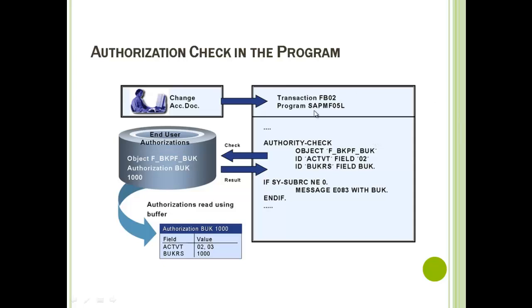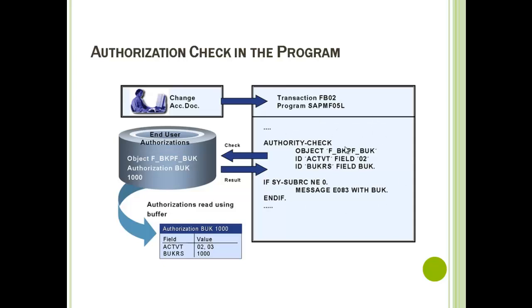For example, you are running the transaction code FB02. The program for this transaction code is SAPMF05L. So when you run FB02, it runs this program SAPMF05L. Inside this program, it will have a statement like this: AUTHORITY-CHECK OBJECT F_BKPF_BUK, with the activity field equal to 02 and BUKRS equal to BUK.